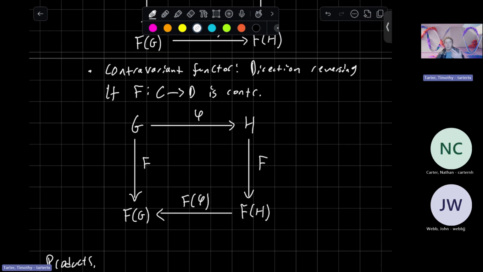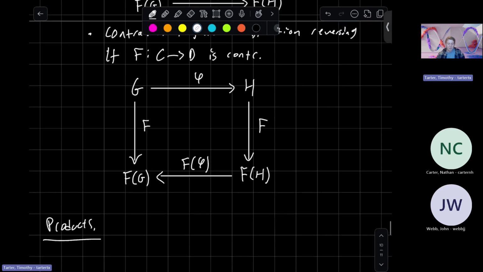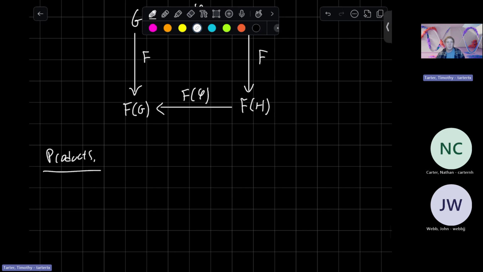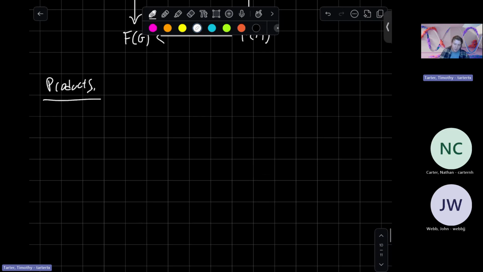So you've been working with functors every single time you've ever done group theory. You just didn't know it. That's probably the most helpful example for knowing what a functor is. That's really for a covariant functor. I would have to think a little to get a contravariant example, but I'm sure there's an easy one.